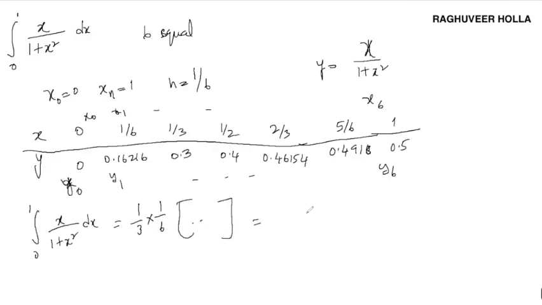So when you calculate this, you get 0.3466. This is your solution. Now let us take the same problem and do it with Simpson's 3/8 rule.